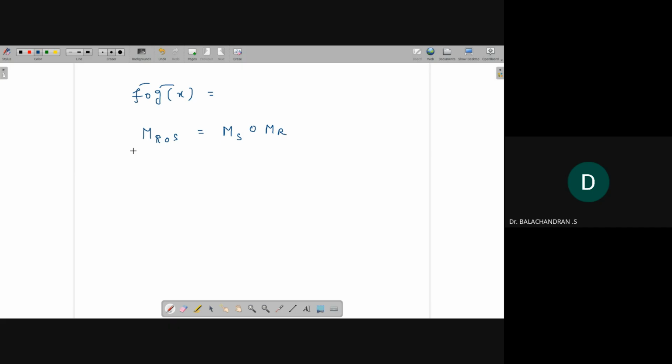But in the other book, he is first applying F, and then he is applying G. So that's why he writes R composition S, where F means here R, so MR composition and then MS. This is the main difference between the two notations.